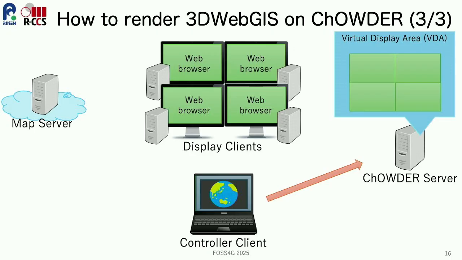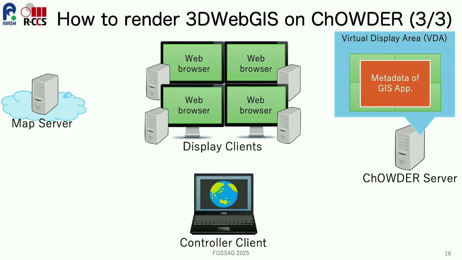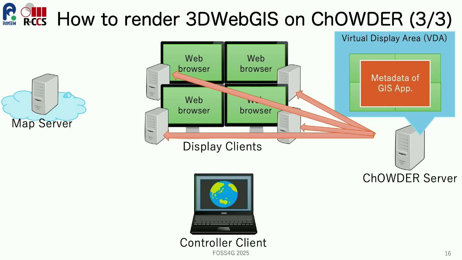At this time, the map data itself is not sent. Only metadata, such as the display position on the BDA and the URL of the map data. The ChOWDER server forwards this metadata to the display clients, and each display calculates the offset of its own view frustum based on that metadata.